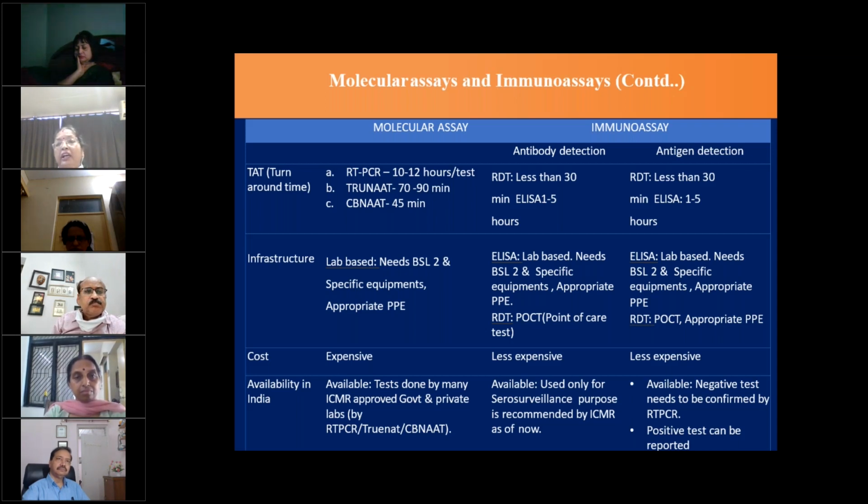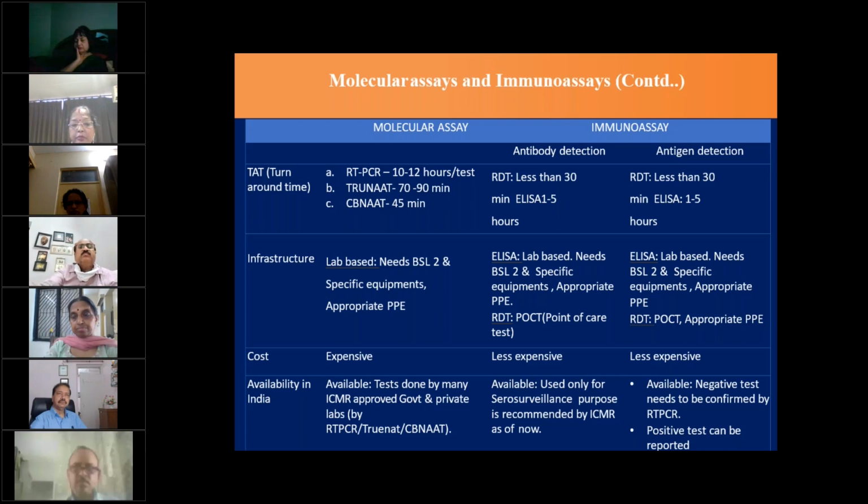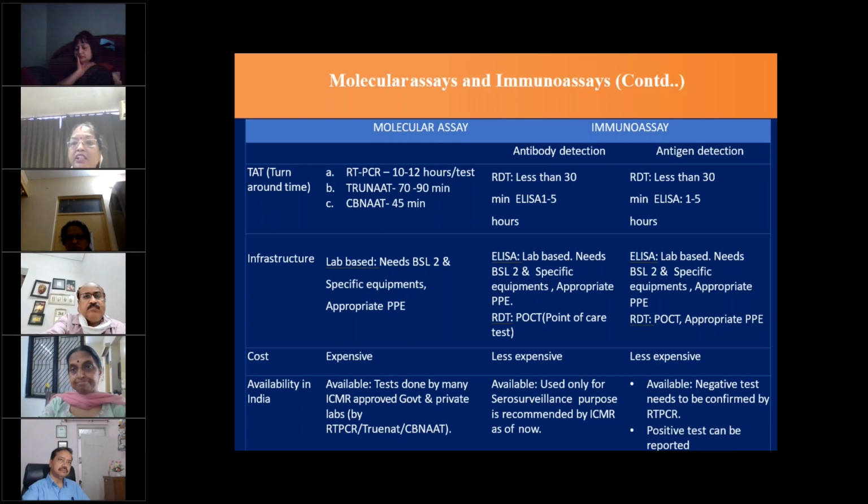Similarly, for TrueNat, usually 2-3 tests. It is again a molecular test for the diagnosis of RNA, but you can say it is cartridge based. There are 2 assays. First you have to isolate the RNA, and then there are 2 tests.